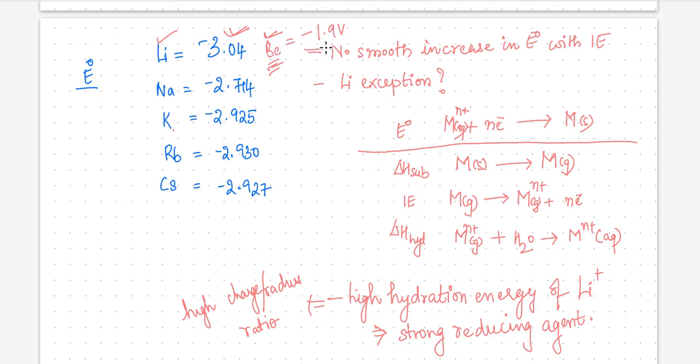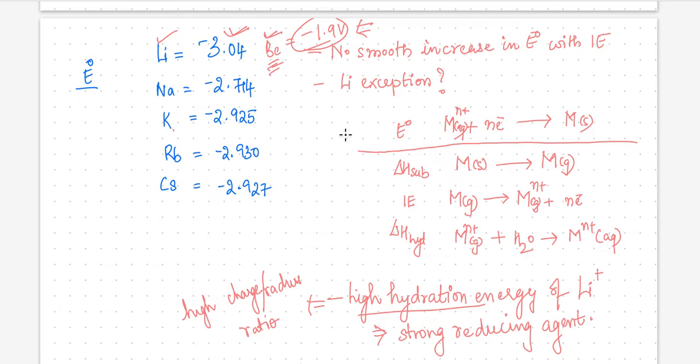But here we see a negative value, again for the same reason: because of its small size and high charge to radius ratio, it has a very high hydration energy. That is why in the case of beryllium also we are getting a negative E naught value.